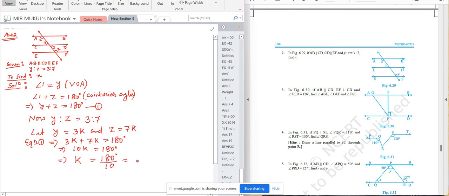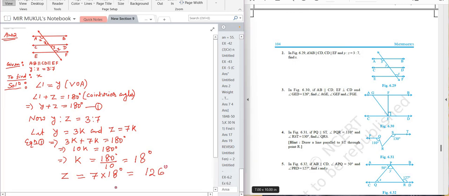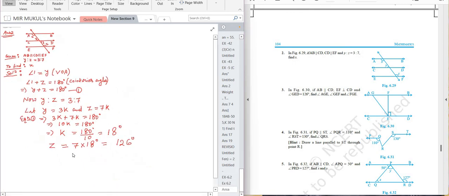How much? 18 degrees. So therefore z equals, we need only z, equals 7 into 18. Multiply these two, 126 degrees. Now x equals z. Why?